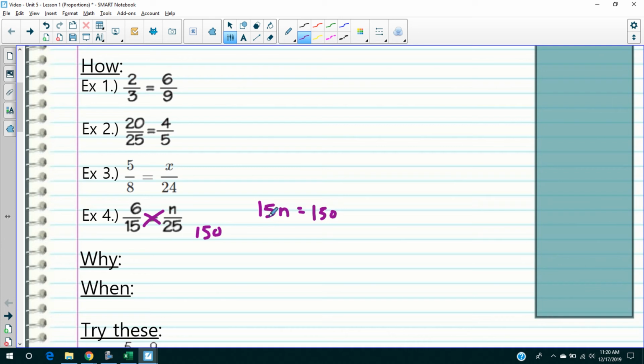Now, question. 15 times what gives you 150? Yeah, you could divide. I know some of you know the answer already. Yep, it's 10. So 15 times 10 is 150. In other words, 150 divided by 15 is 10. So the letter n represents the number 10.